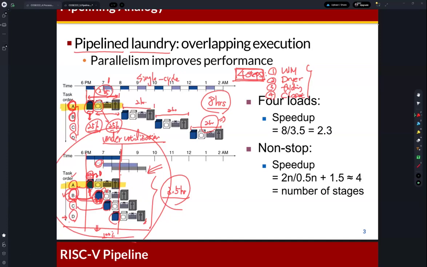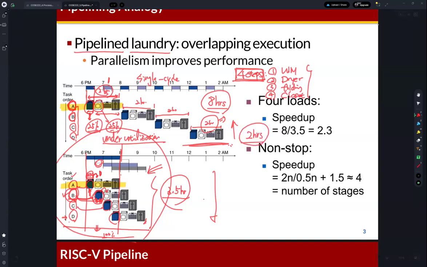In this example, we just assume that there are 4 tasks, but if there are many tasks, then what is the speed up? In the single cycle manner, like the upper example, the system can receive a new task every 2 hours, right?